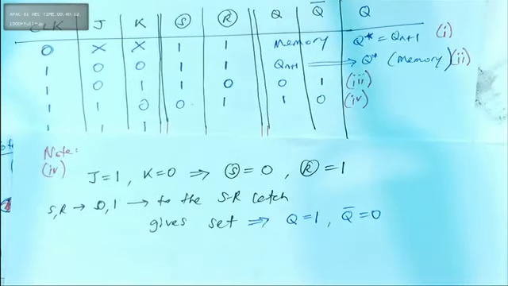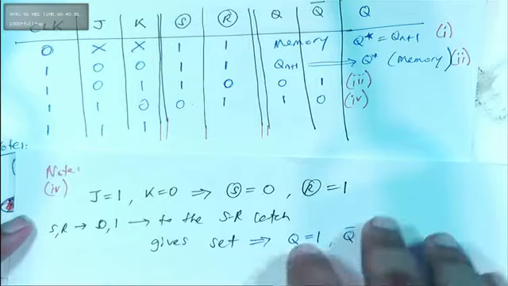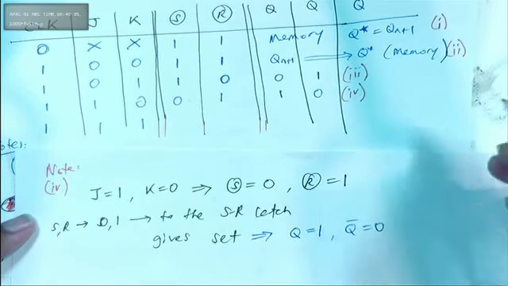So in basic summary, what I'm trying to say over here, guys, is that so far it's hand in hand. SR flip-flop and JK flip-flop are the same so far, except for the last one. In the case of the last one, maybe I'll just make a note over here.